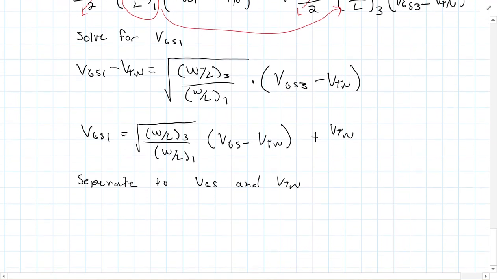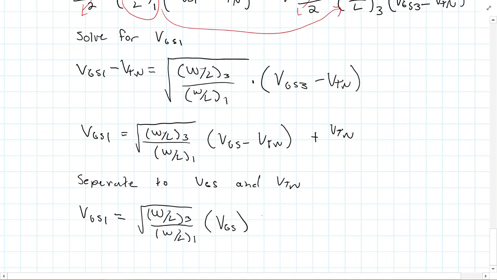Well, let's see what we're going to have here. VGS1 is equal to the square root of W over L of the third transistor over W over L of the first transistor times VGS, and then plus, in a bracket, 1 minus the square root of W over L of the third transistor divided by W over L of the first transistor, times VTN.